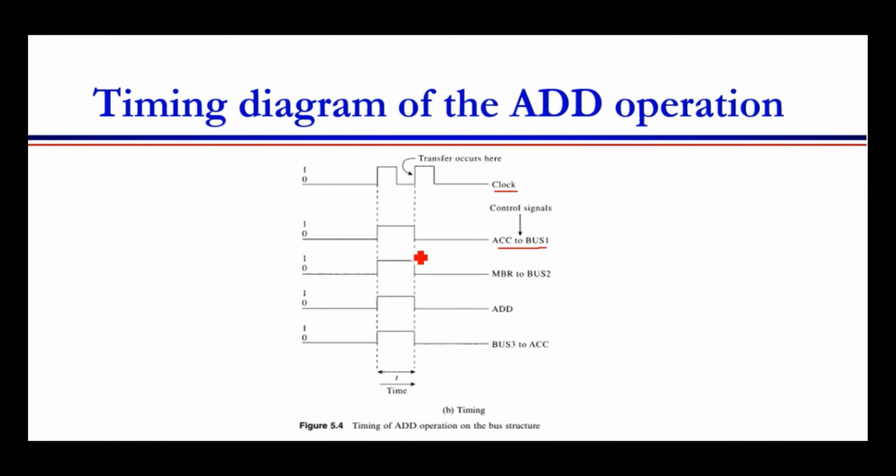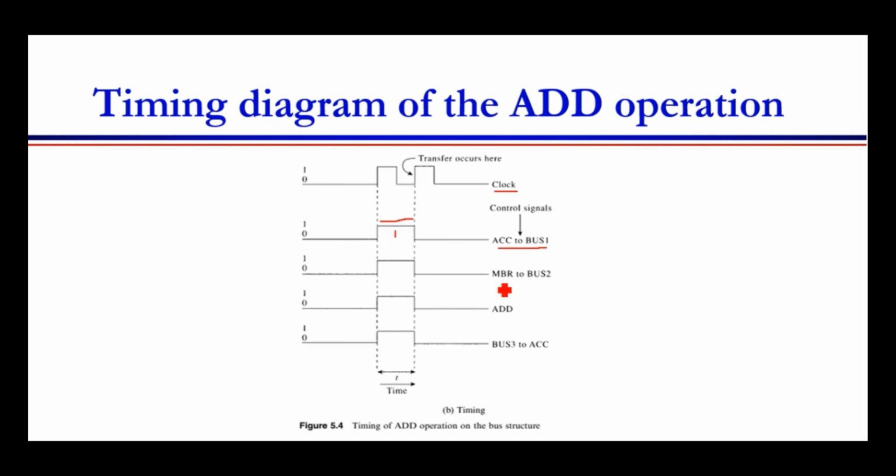Whenever this signal is active, that is at a high level of the clock pulse, the data from accumulator to bus 1 will be transferred or moved when this signal is high. So accumulator will transfer data to bus 1 if the control signal accumulator to bus 1 is high, that is in this position.